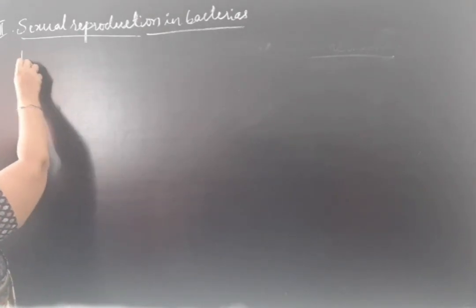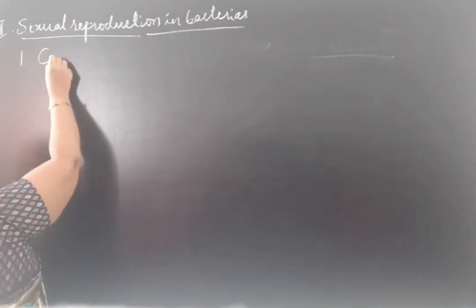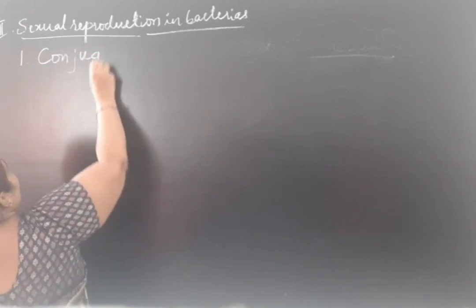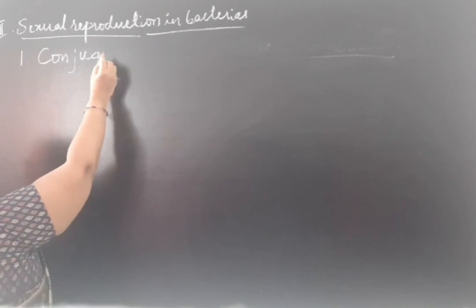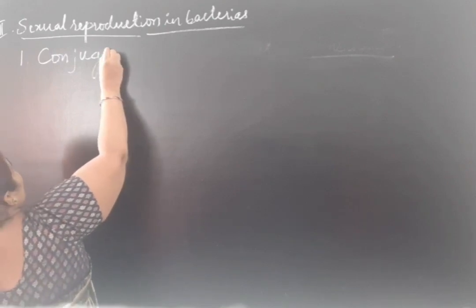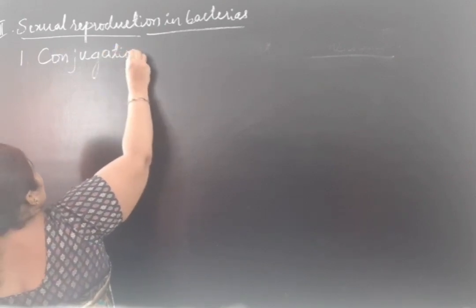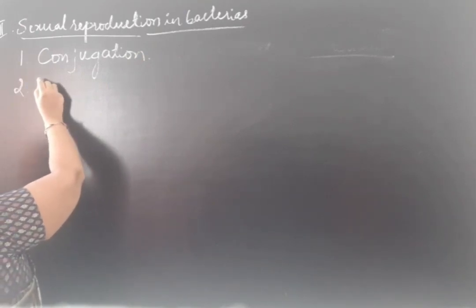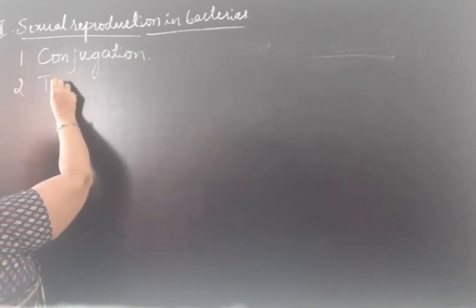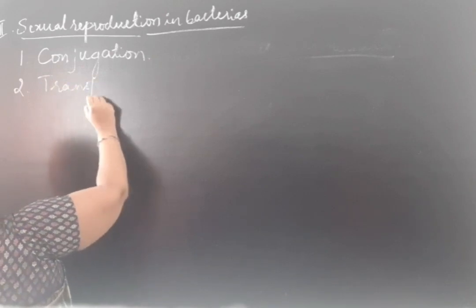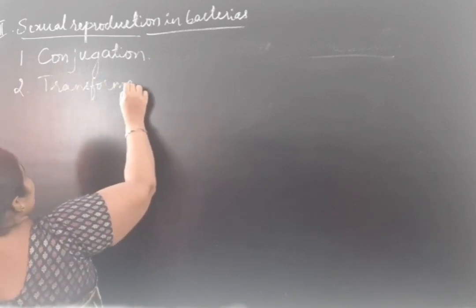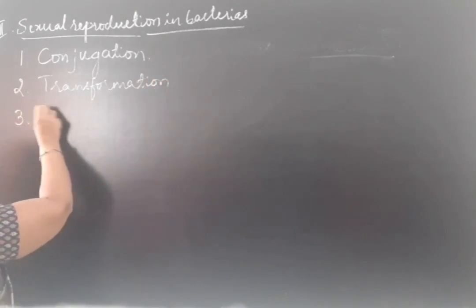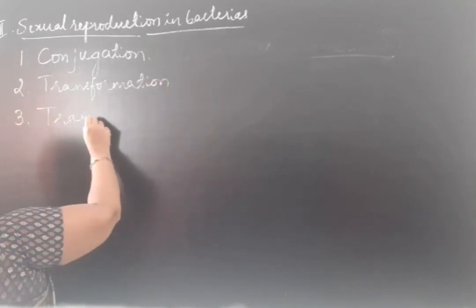Sexual reproduction in bacteria takes place in three different ways: conjugation, transformation, and transduction.